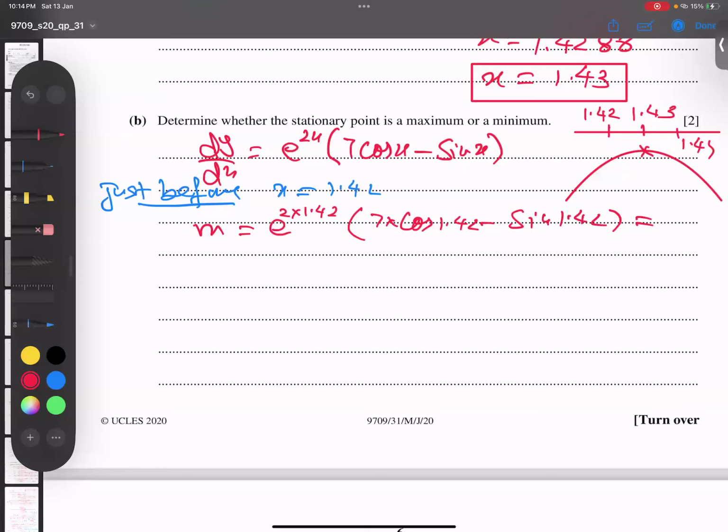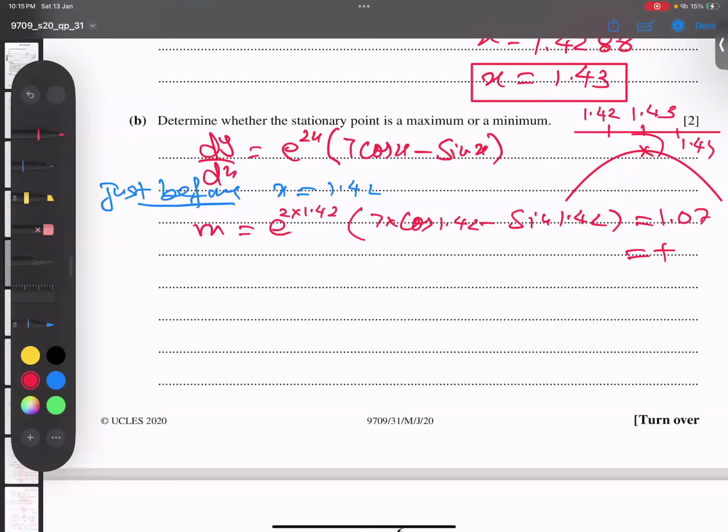I'm going to type it, wait a minute please. 1.42. So first of all, e to power 2 times the answer, and bracket open, 7 times cos of the answer, minus sine of the answer, and my answer is coming 1.07, which is positive.